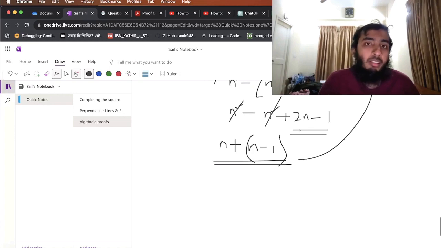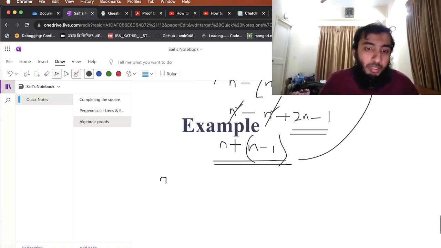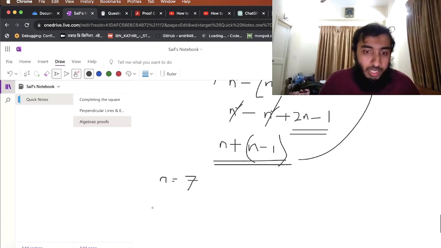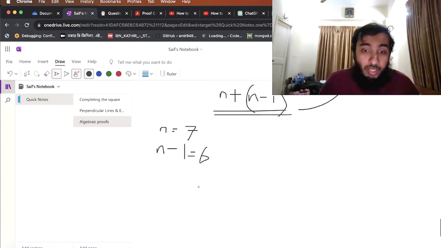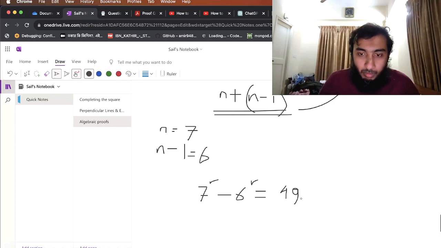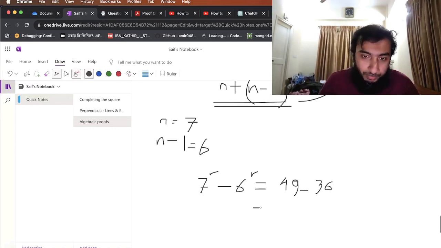So now let's use a practical example. Let's say n is a positive number, let's say n is 7. So what is n − 1? 6. So the difference of the squares of these two consecutive numbers, 7² − 6², is what? 49 − 36, which is 13.